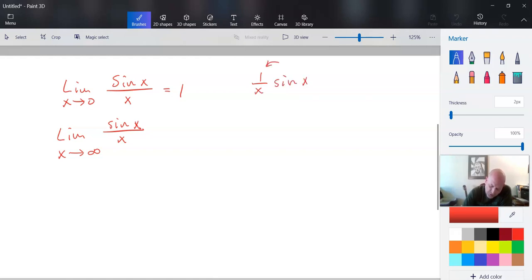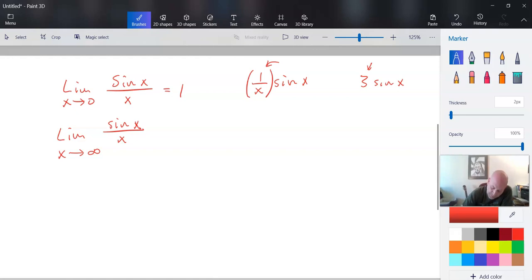Now you notice this 1 over x is in the same position that the amplitude would be, right? If I was looking at 3 sine x, then what that would mean is that sine is bounded by 3, right? 3 is the amplitude.